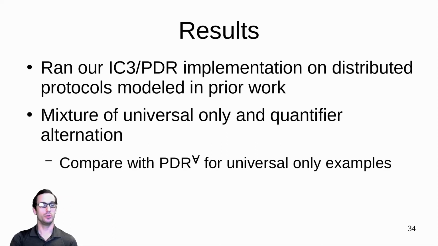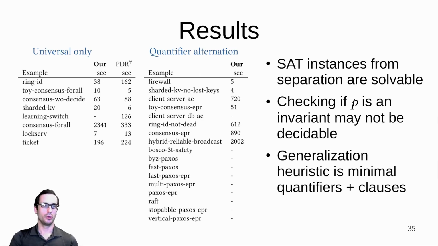For the universal-only ones, we can compare against universal PDR, which is another adaptation of IC3PDR. The results on the universal-only examples are mostly comparable to prior work, with a few exceptions. For examples that involve quantifier alternation, we're able to solve some of the examples from our benchmark. Most of the examples that we don't solve are Paxos or its variants.